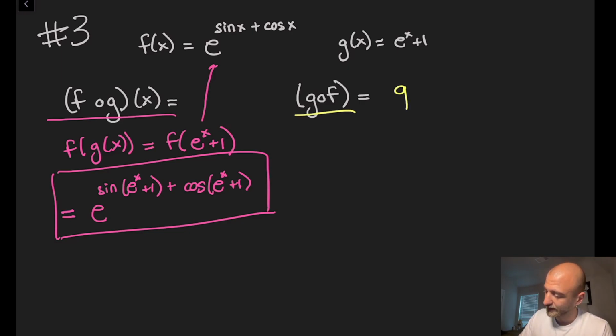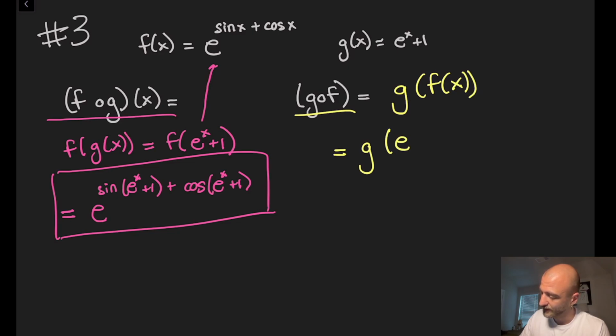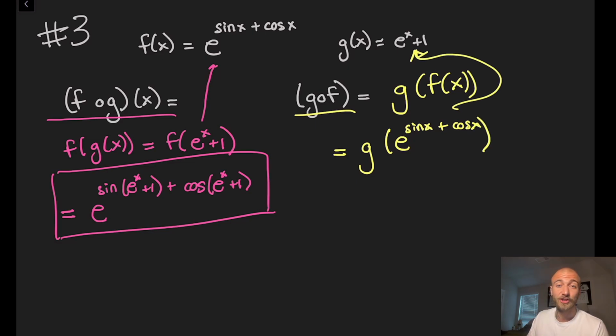We're going to rewrite this as g of f of x. Beautiful. Now, let's plug it in. We know that f of x is this annoying thing, e to the sine x plus cosine of x. So we're going to plug that in wherever we see an x term in the g place.